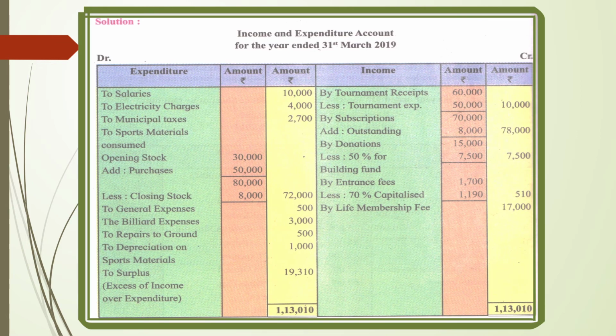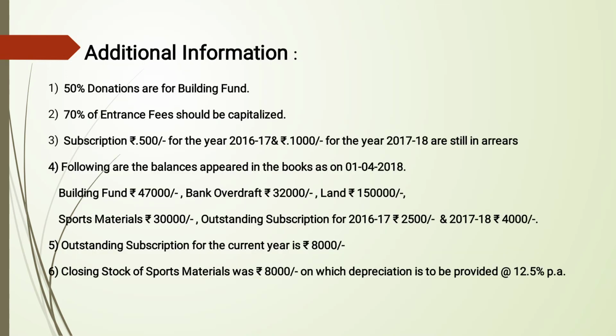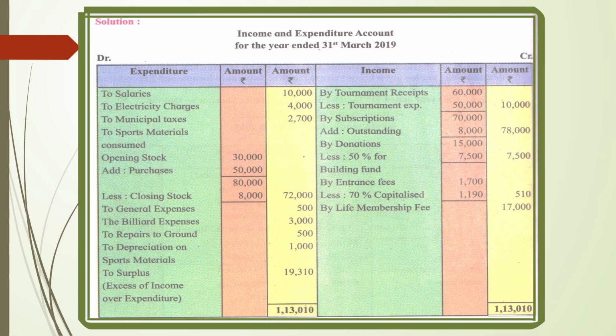There is no adjustment, so you have to directly mention it on the expenditure side. Electrical charges, no adjustment, directly mention on the expenditure side. Municipal taxes, no adjustment, directly mention on the expenditure side. Purchase of sports material. See, write this item on the expenditure side.